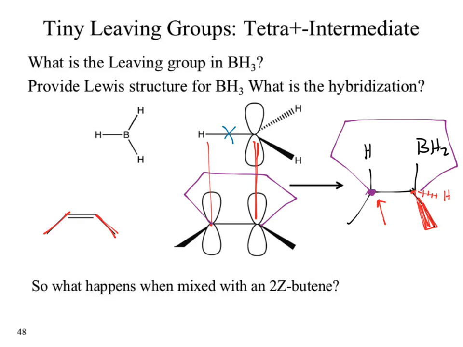They were added in a syn addition, which means if I erase that hydrogen over here now, and said that this methyl was wedged, what must the other methyl be? It must also be wedged, because the boron and the hydrogen were added to the same side. Those would have to be dashed. Kind of make sense?